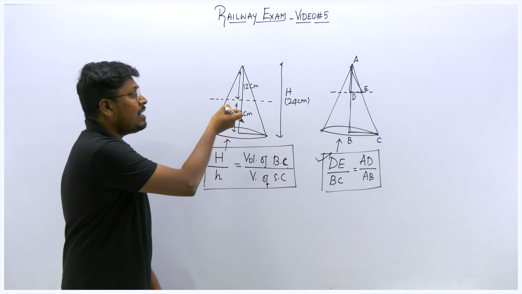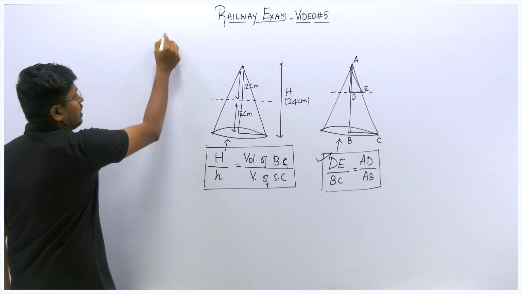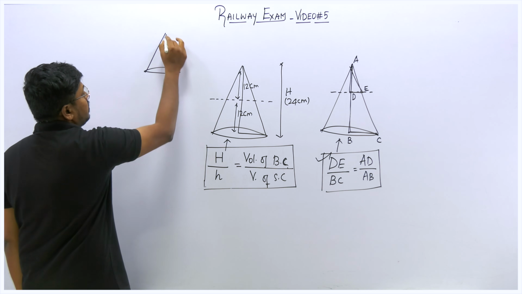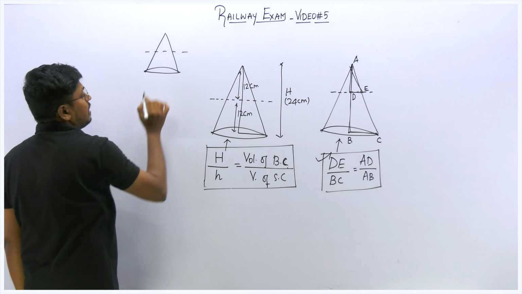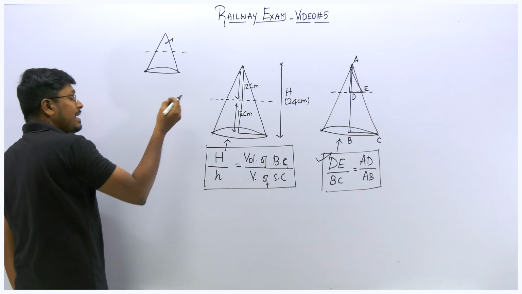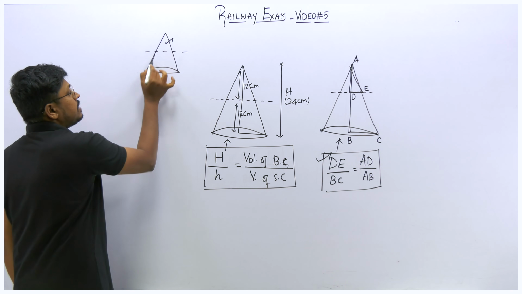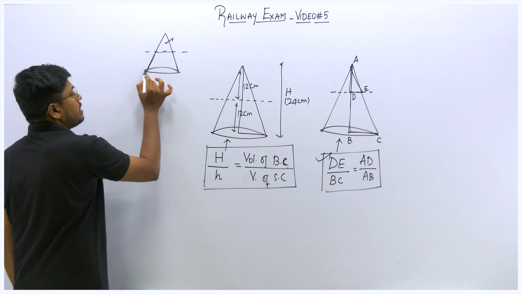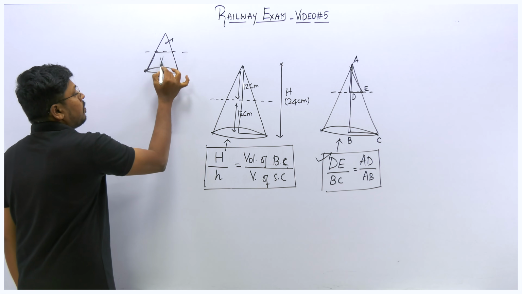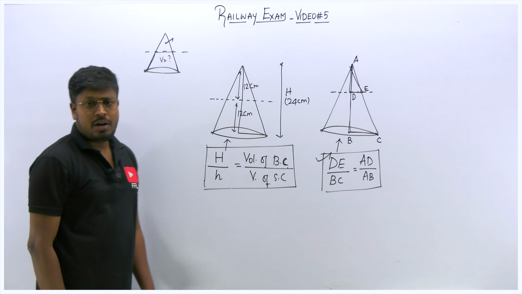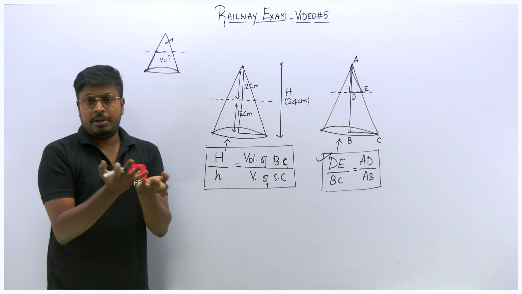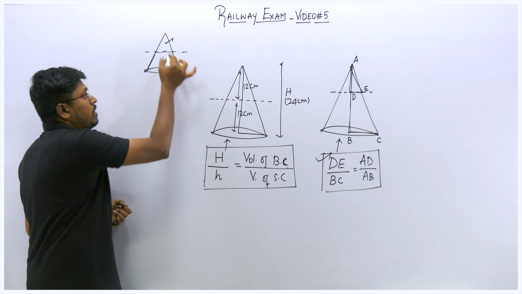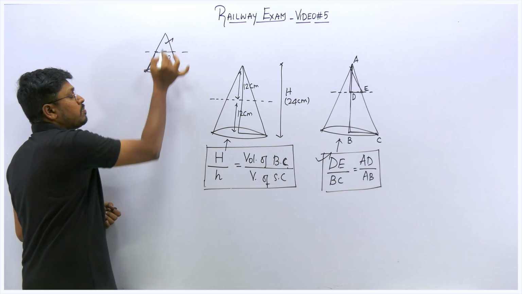And usually finding a volume, everyone knows it, right? When you take a cone and cut it into two parts, the top will be another cone. In case you need to find the volume of this frustum, this part, how will you find it? Total volume of the cone minus the volume of the smaller cone.